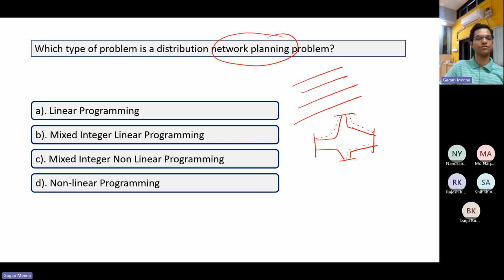By the optimization problem, I want to know how many lines and which lines to select. So that is an integer or binary variable. I will associate one binary variable with each line, whether to select this line or not. So it becomes an integer programming problem. That's why it is non-linear because of the network and integer because of these selection variables, which will be integer or binary.